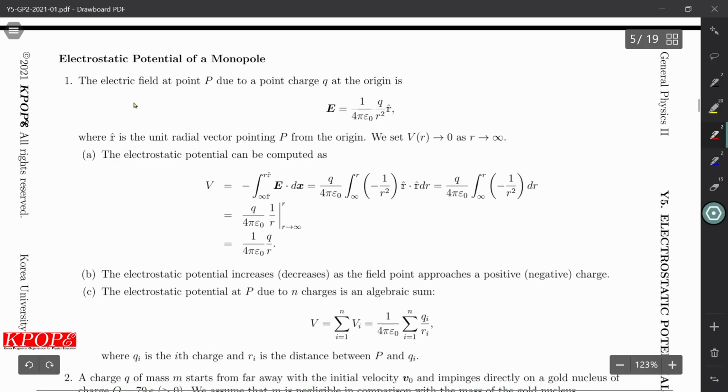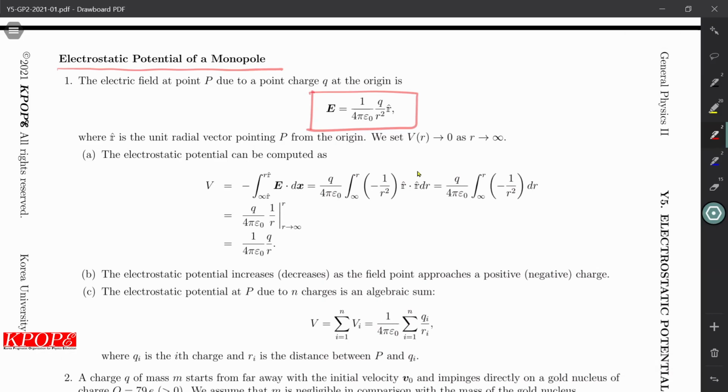Let me go ahead with the study explaining the electrostatic potential of a monopole. Coulomb's law of force and Gauss' law give the electric field generated by a point charge placed at the origin, like that.